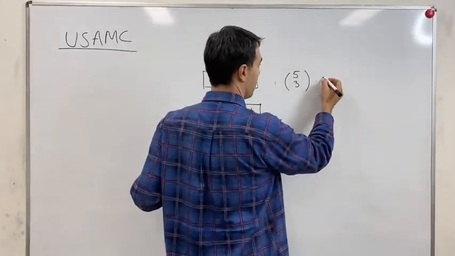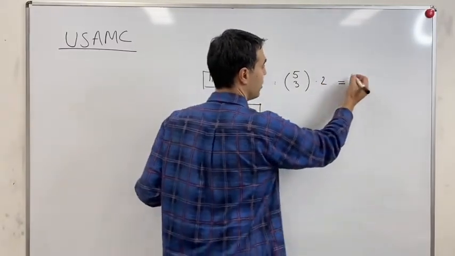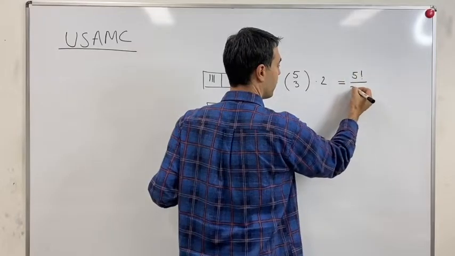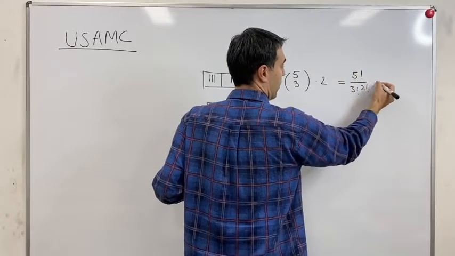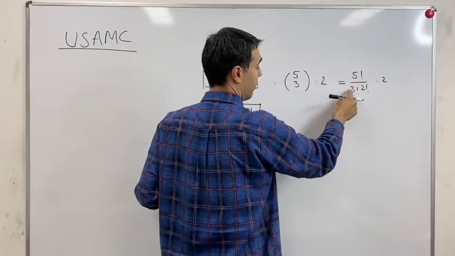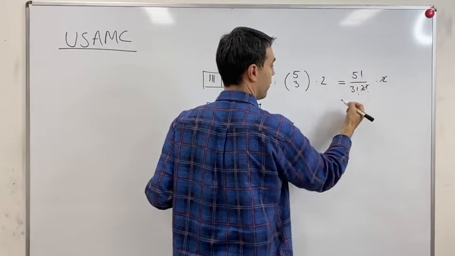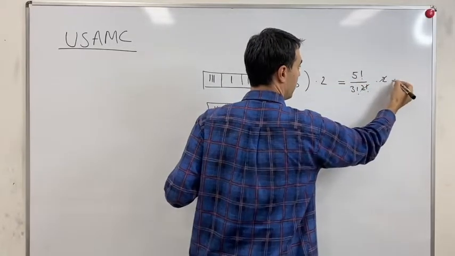So you just multiply it by 2 and what you're going to get is 5 factorial over 3 factorial 2 factorial, times 2. I'll just cancel these 2 because they're the same. So it's 5 factorial divided by 3 factorial, which is 20.